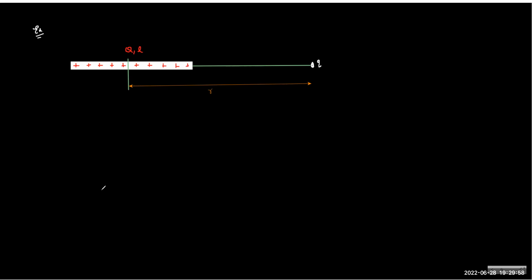No, I think because charges will need symmetry, right? So of course, the rod is not a point-like charge. And it is also not mentioned that R is much bigger than L. R is given, so we cannot use the concept of point-like charge.